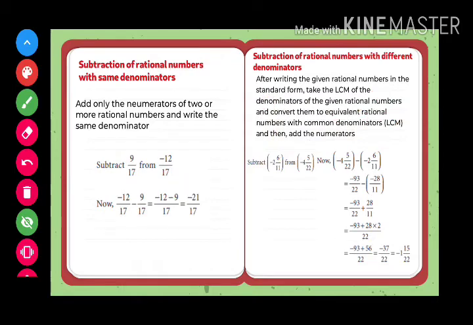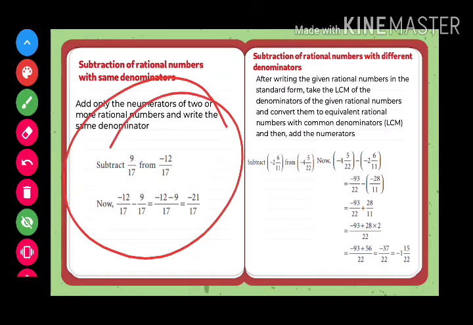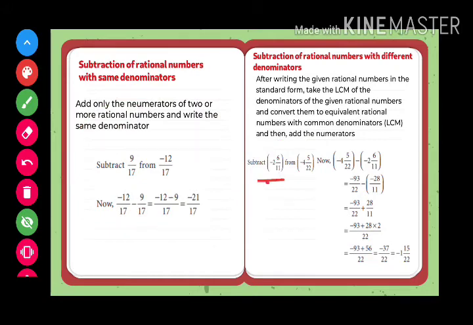Okay, and the same applies with different denominators also. Whatever we have seen in addition, we have to take the LCM first. We have to convert the rational numbers into rational numbers having common denominators. Then we have to use this method. The only thing you have to take care of is this word 'from'.